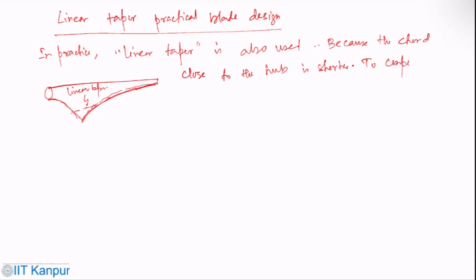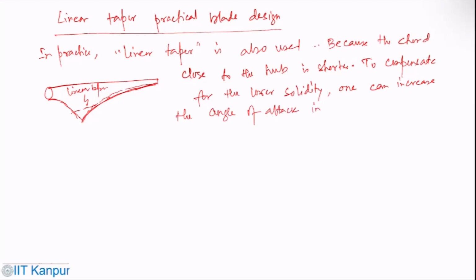To compensate for the lower solidity, one can increase the angle of attack in order to increase CL of r accordingly.